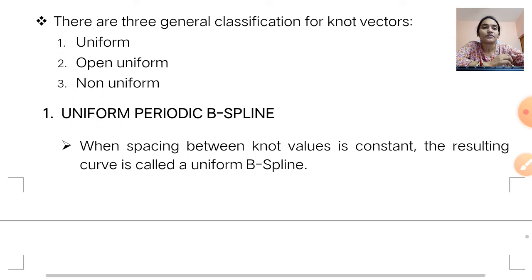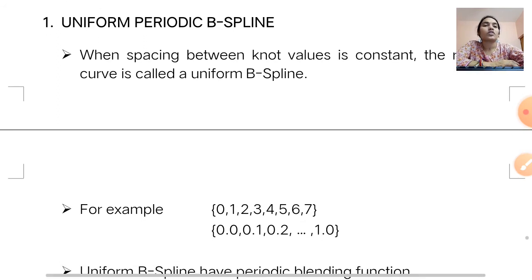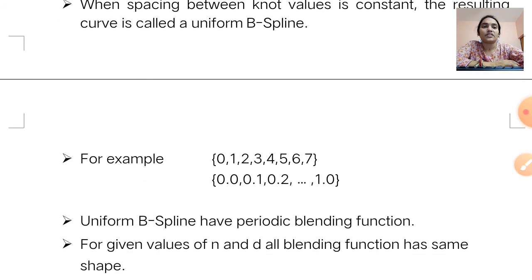When the spacing between knot values is constant, the resulting curve is called a uniform B-spline. That means the space between the knot values is constant, uniformly maintained. Then that curve is known as a uniform B-spline curve.